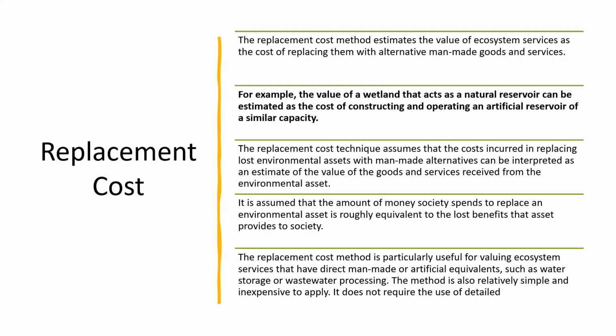And let me qualify, it's the value of one service received from the asset. We can see where it is a useful method for valuing an aspect of an ecosystem service that has a direct man-made or artificial equivalent. So we could quickly think of things like water storage or water processing.